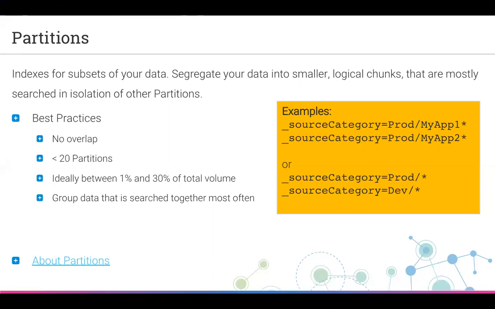If you search your data by prod and dev and you very rarely search across, then that's another great way to partition your data. So think of how do you search your data? And that's why I'm saying that this is not something you want to build right away, but you want to build down the road once you get a better sense of how your data is going to be searched.